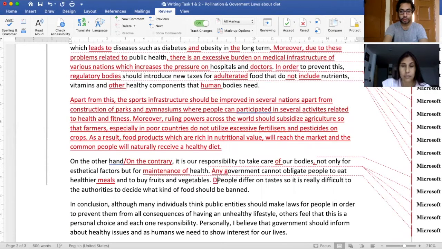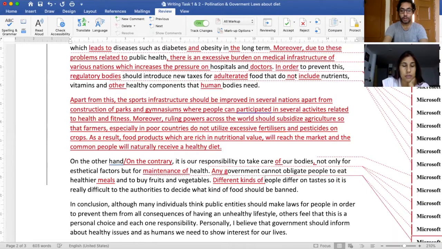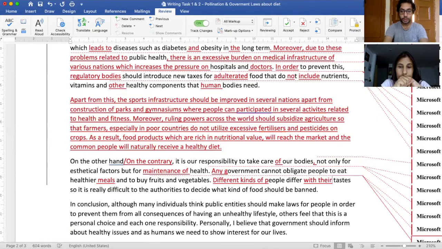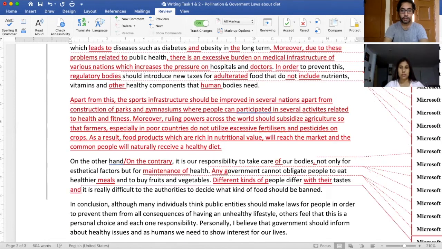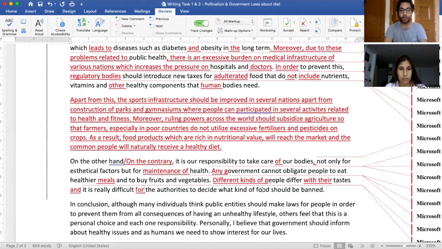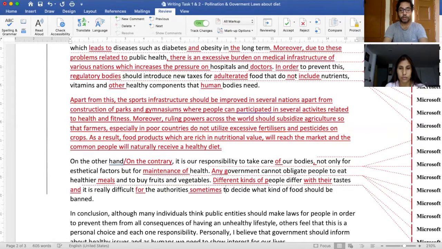Different kinds of people differ with their tastes, and it is really difficult for the authorities to decide exactly what kind of food should be banned.